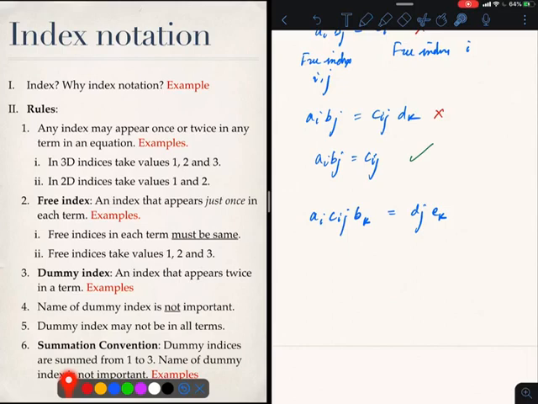Well, let's first count the number of free indices. Is i a free index? Nope, because it is repeated. So the free indices on this side are j and k. And what are the free indices over there? j and k. What about i? Well, i is a dummy index.